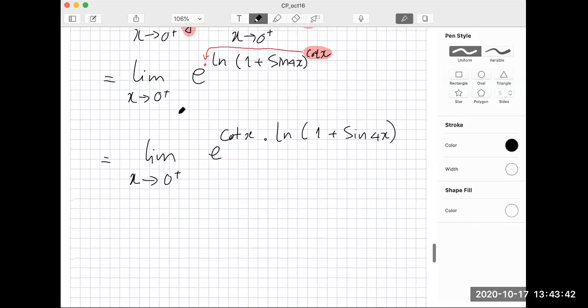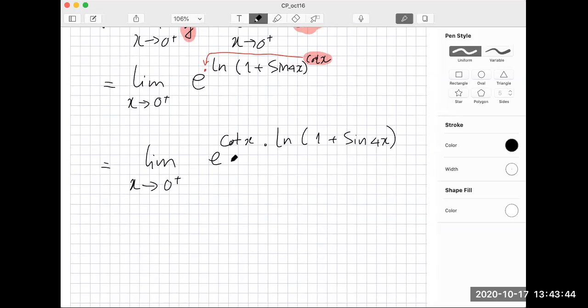From this, e is a continuous function at any point of the power here. So the limit theorem that I reminded you of at the beginning tells us that this limit will be equal to e to the limit as x approaches 0 from the right-hand side of the power, cotangent of x times natural log of 1 plus sine of 4x.